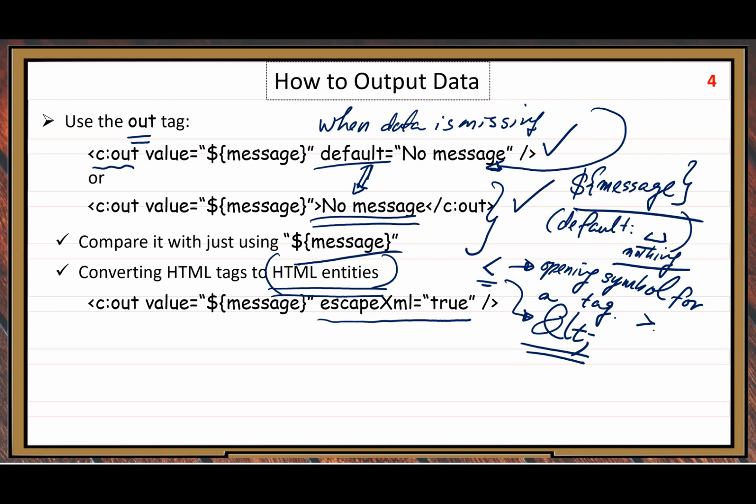Similarly, for greater than, ampersand, G, T, semicolon. That's the HTML entity for the greater than sign. So when you show this HTML entity, you will see the less than and greater than signs literally. Otherwise, if you do not use it, you won't see the greater than sign.